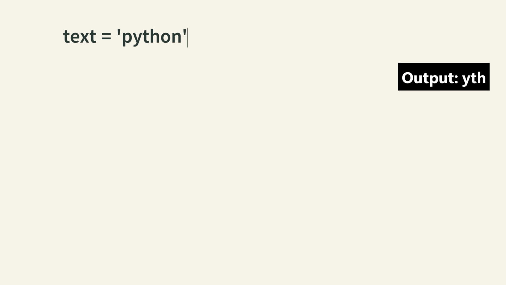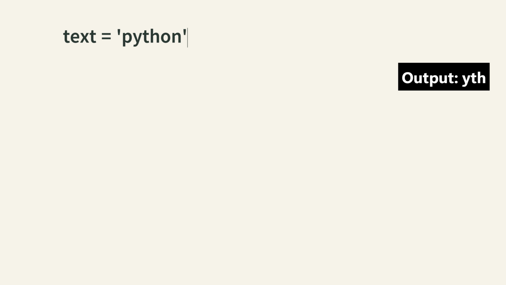Let's take an example where there is a variable text with the string Python, and we only want to output some part of it, which is, let's say, YTH, and ignore the rest. So we will extract YTH from Python and print that in our console. So how can we do it?